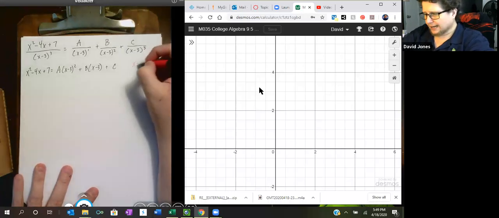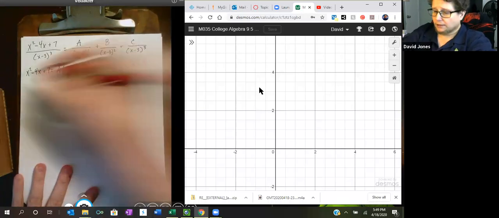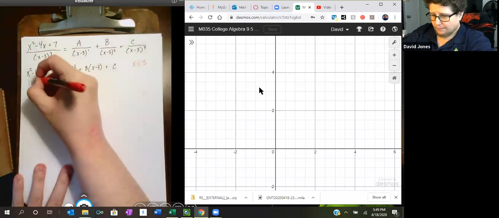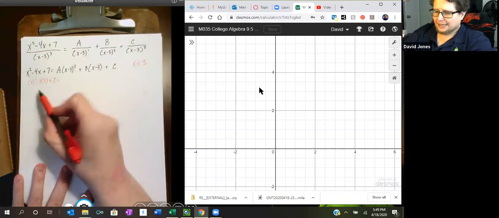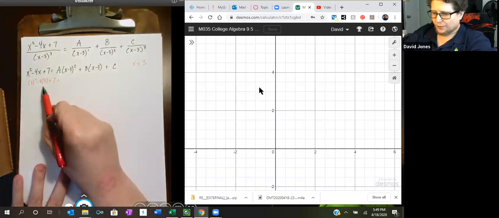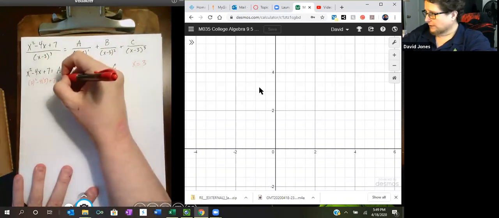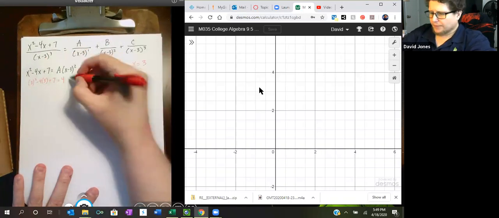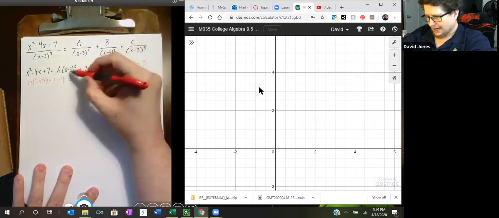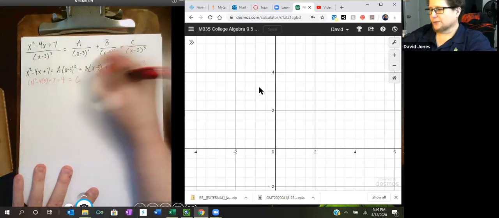We can fast track it a little bit. 3 squared minus 4 times 3 plus 7. That's 9 minus 12 is negative 3 plus 7 is 4. Equals, the A term goes away, the B term goes away, C equals 4.